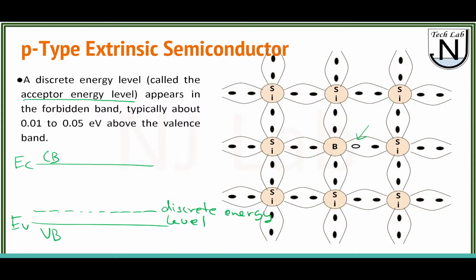And we can denote the energy difference as EA. The difference between this acceptor energy level and the valence band is in the range of 0.01 to 0.05 electron volts. And whatever electrons are over here can jump over here and form the current.